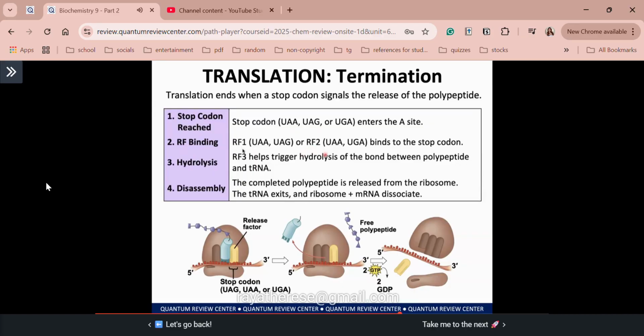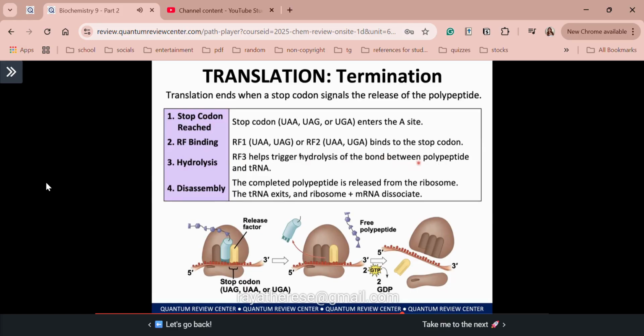So what about RF3? Of course, class, that's the finishing touches in our third process. When your RF1 and RF2 are already bound to their stop codon, depending on what the stop codon is in your mRNA, your RF3 now will trigger the hydrolysis between the polypeptide and tRNA bonds.